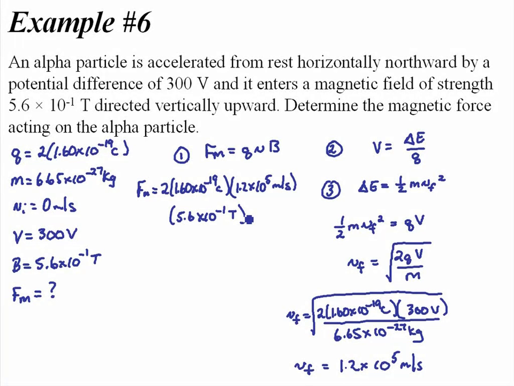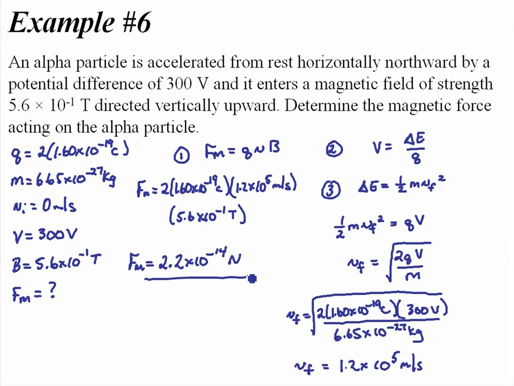I'm just going to check my velocity here. Yeah, I think that's right. Magnetic force 2.2, I guess, times 10 to the negative 14 newtons when we're looking at this magnetic force.